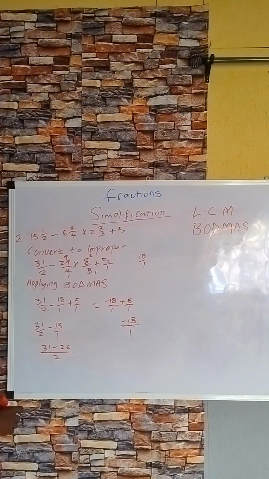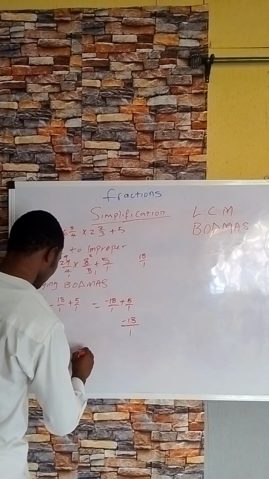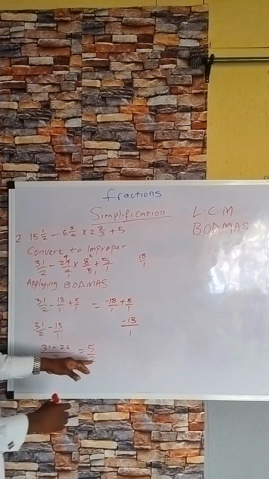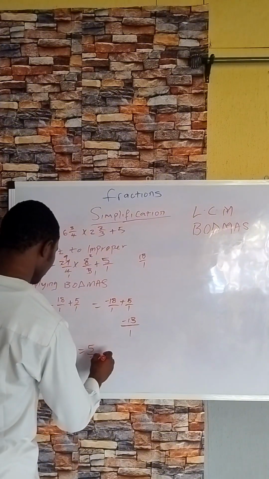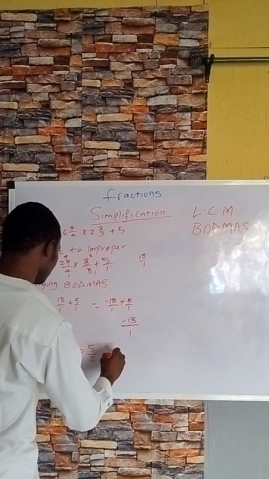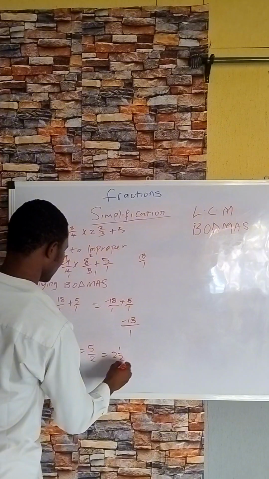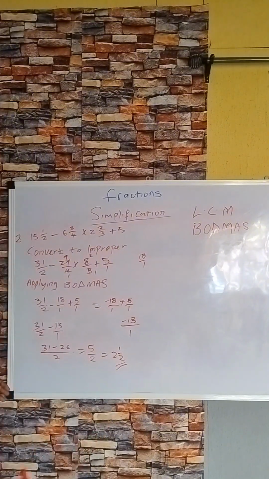So 31 minus 26, this will give you 5, equal to 5 over 2. So the final answer to this will be equal to 2 whole number 1 over 2. So this is our final answer for this example 2.